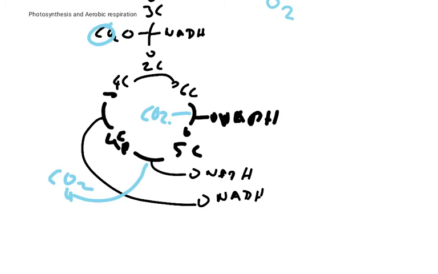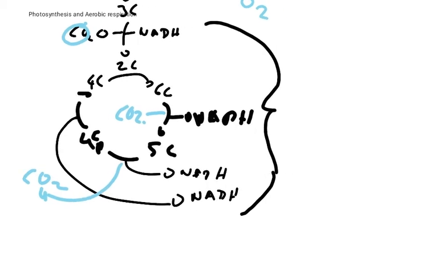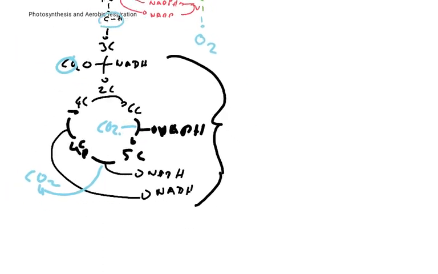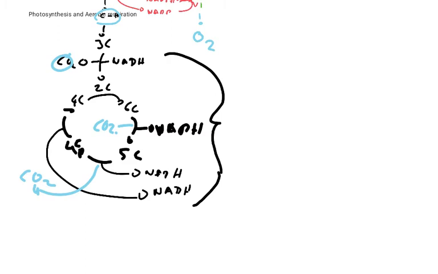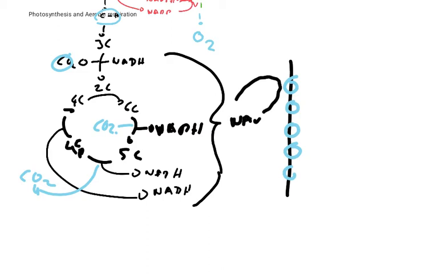The reduced coenzymes, so the NADH, what happens to these things is that they go off to a layer of membranes, and the layer of membranes are the inner mitochondrial membrane. What happens there, we've got an electron transport chain, and this NADH delivers the electron and that regenerates the NAD.